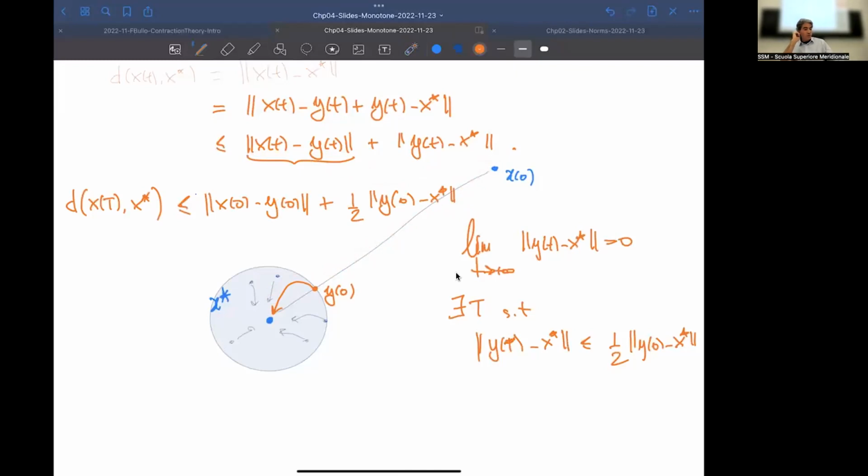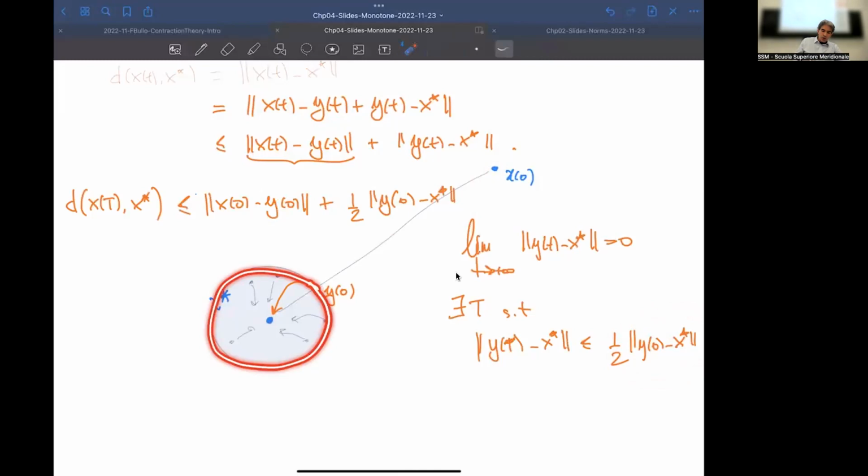What have I shown? If you read the formula and think about it for a second, I have shown you that after a finite amount of time, the distance from x0 to x star has decreased by a finite amount. And this amount is exactly this 1/2 of that. It's like after some time t, I'm at half of the initial distance. So in other words, it's lower bounded by 0, strictly positive.